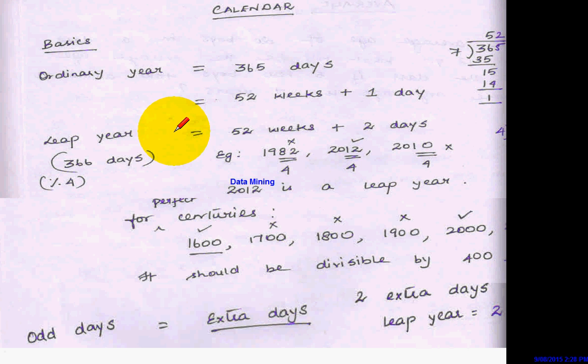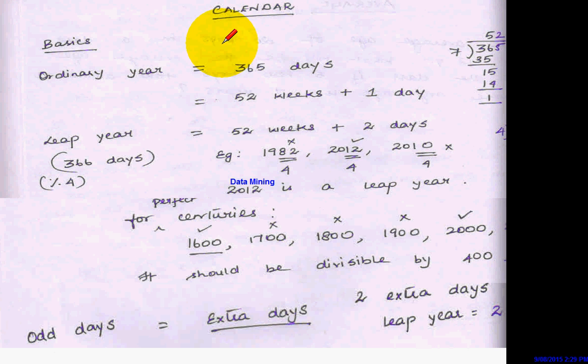So 1 day is added, and we get the total number of days as 366. Divide the value by 7. You get 52 weeks, and the remainder will be 2, because 1 day is added in the month of February. So 2 extra days, which are termed as odd days. So in an ordinary year, we'll always come across 1 odd day. If it is a leap year, we have 2 odd days.